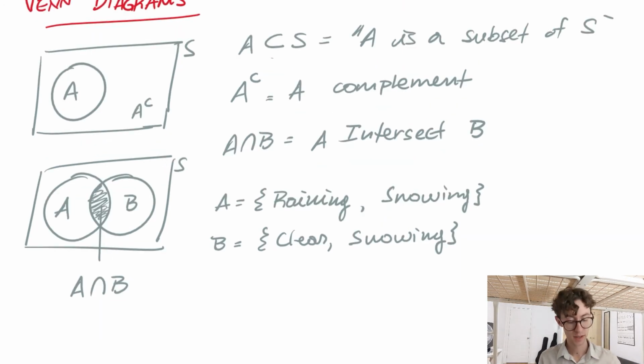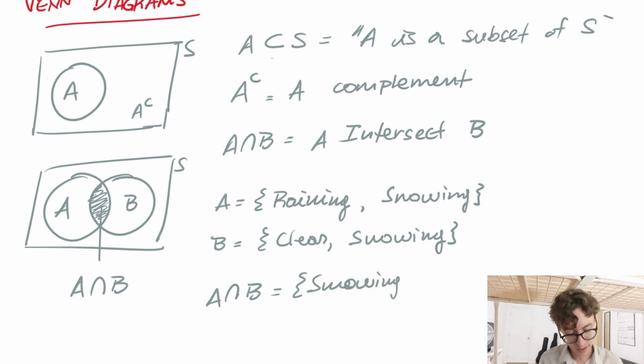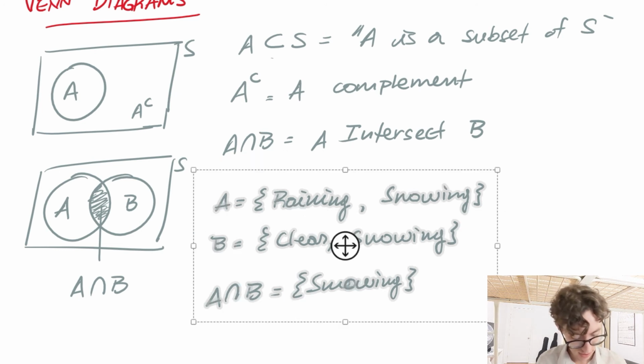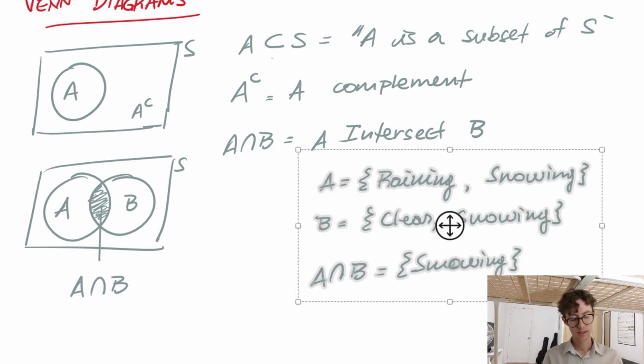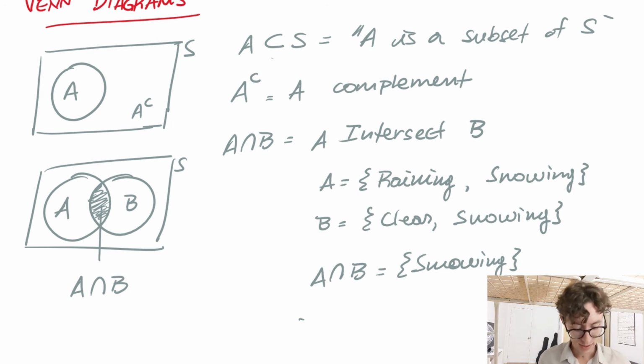This is A and B. Now A intersect B will be just snowing. It's the event, the subset of S that is shared by both A and B. So A intersect B will be snowing. This is an example of A intersect B.